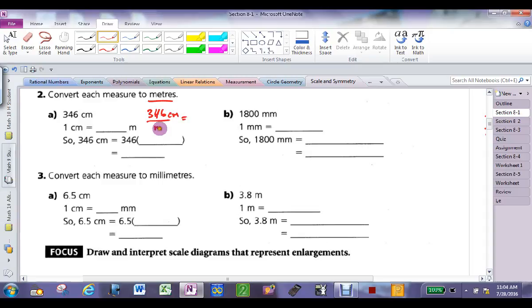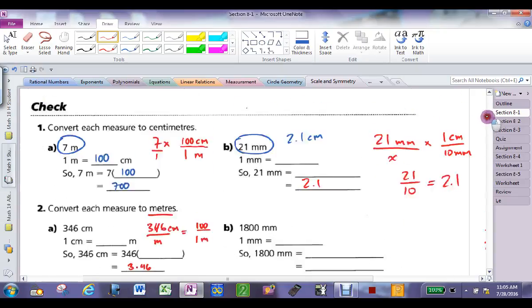What's on top, centimeters or meters? Centimeters. So I know that 100 centimeters is 1 meter, because I have to keep the same top and bottom. If I multiply the pair and divide the spare, I get 3.46.